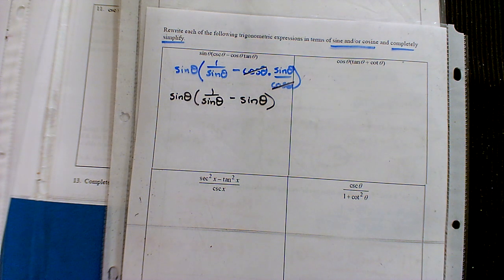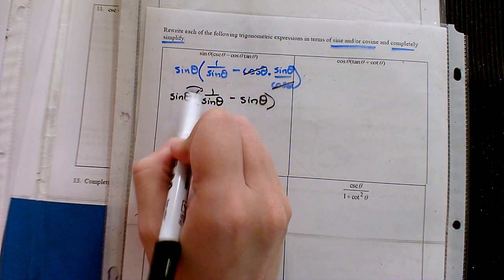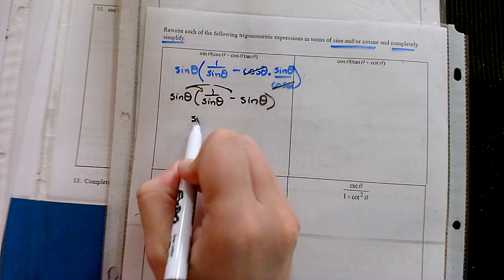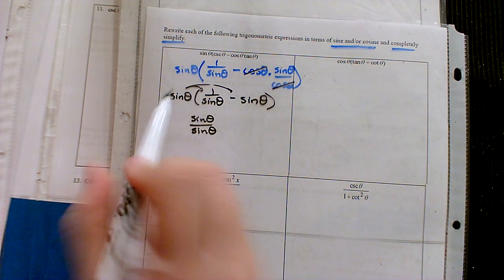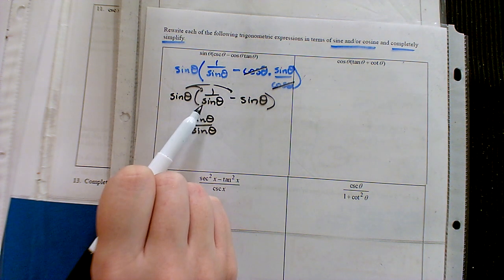Where do you guys want to go from there? What algebra steps do you want to try next? Go, Tori. We can do that. All right, if we distribute the sine in, we'll have sine squared, sine over sine, if we distribute it into the fraction.